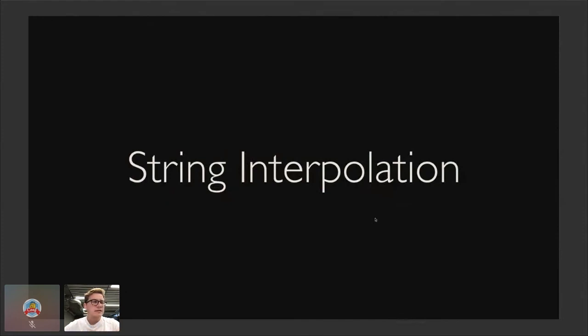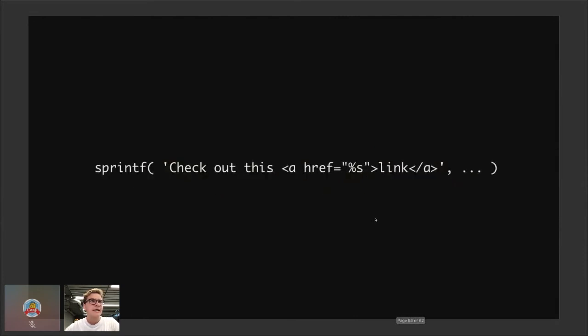The next thing is something that is currently in development in Gutenberg, and it's string interpolation. To give you an example of what that means, in WordPress we often have code like this sprintf function, and then some text that says "Check out this super awesome link."